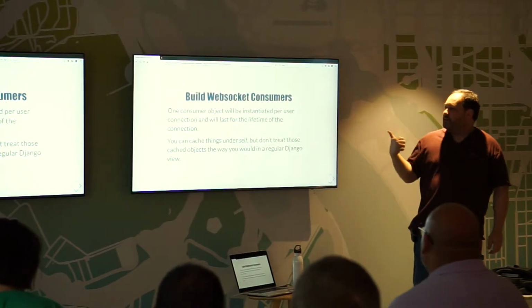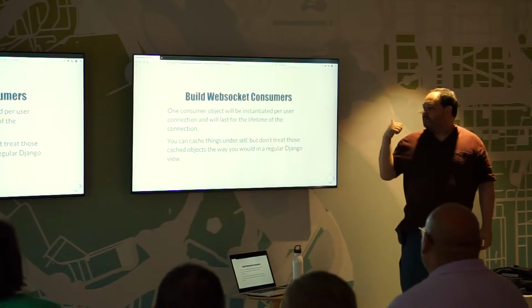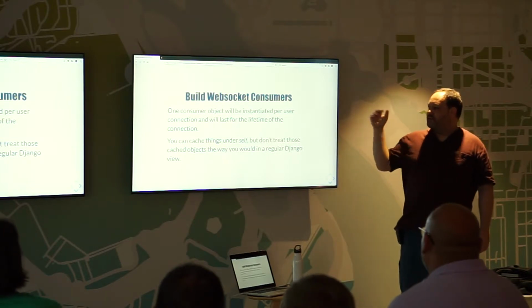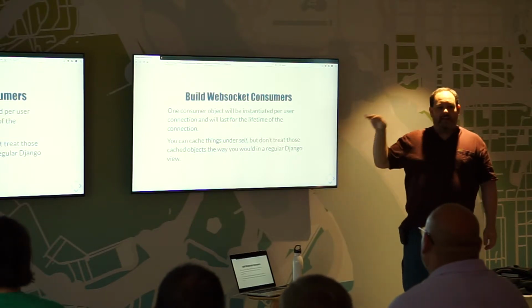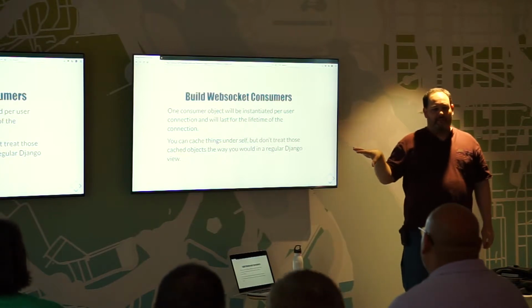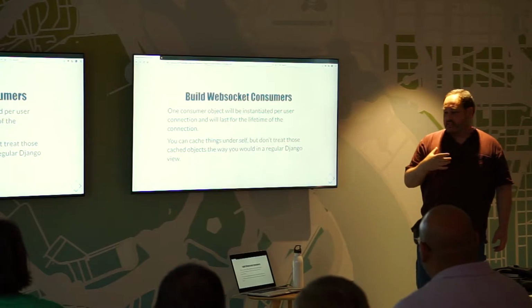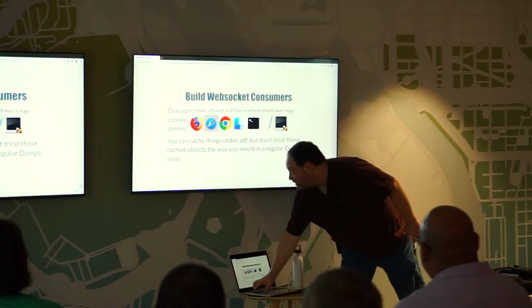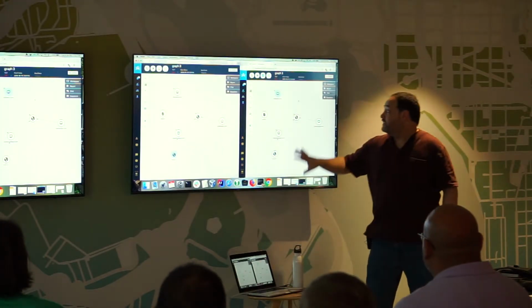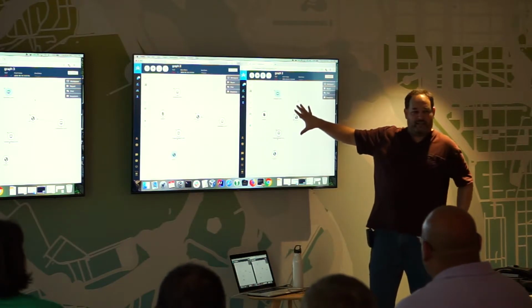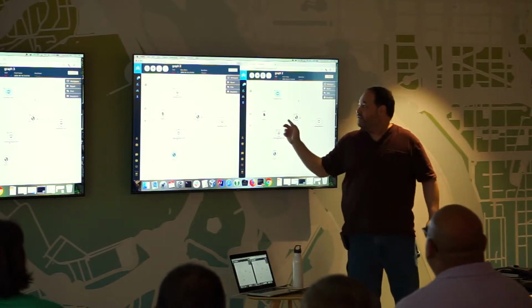Next up, I was mentioning you have to build the consumers. One thing to keep in mind, I mentioned the consumers live forever. It is really tempting to cache things on self. One of the mistakes I made really early on was, again, in this thing, each of these is a workspace to us. So I've got one workspace, two people looking at the same workspace.